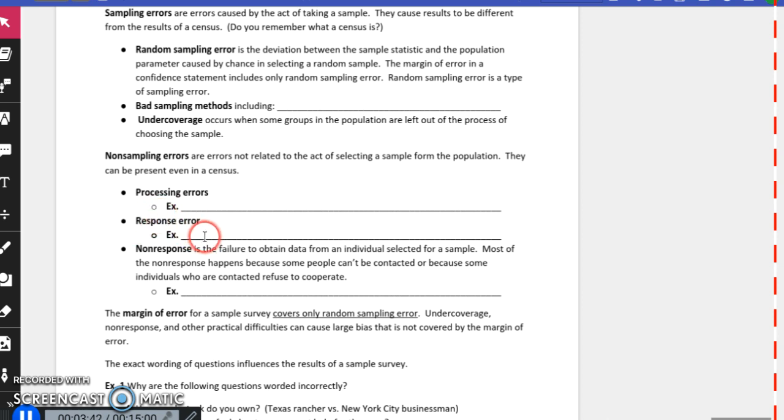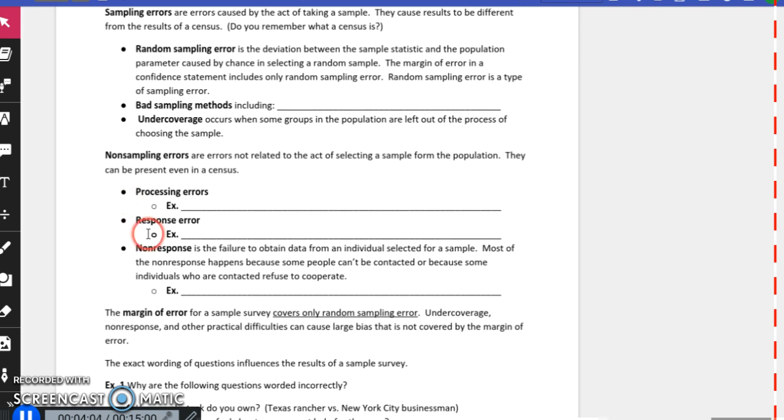Response error is when you don't get the responses you expected. If you're doing a phone poll, people are hanging up on you. You do an email survey, people don't respond to your email. If you're doing a face-to-face survey and they simply won't answer your question honestly or at all, that's a response error.